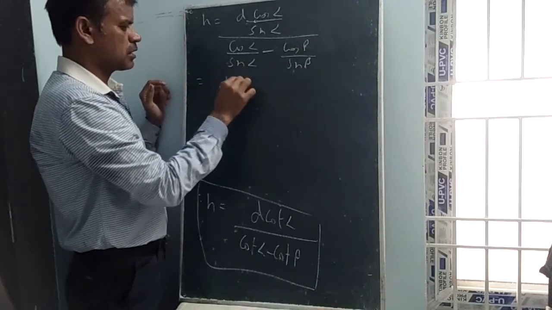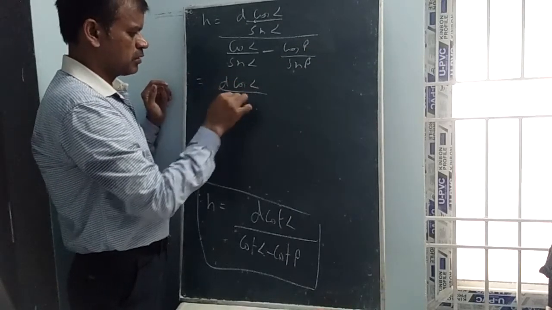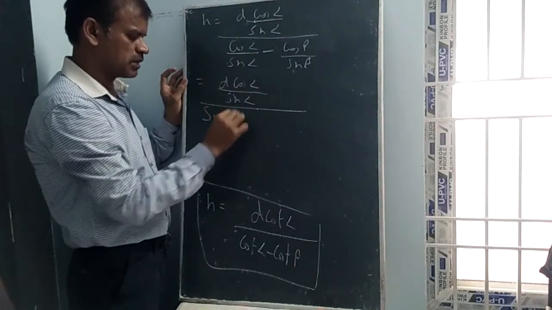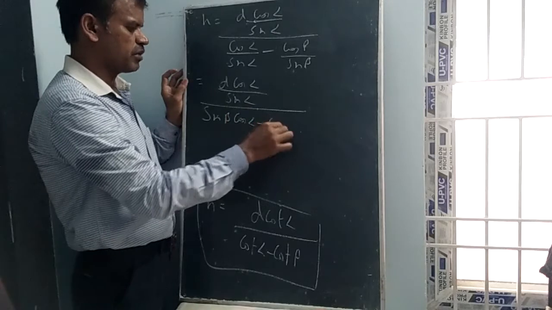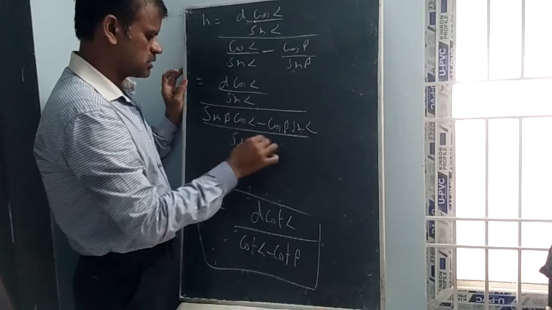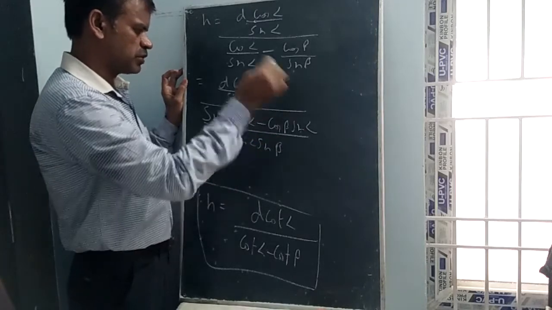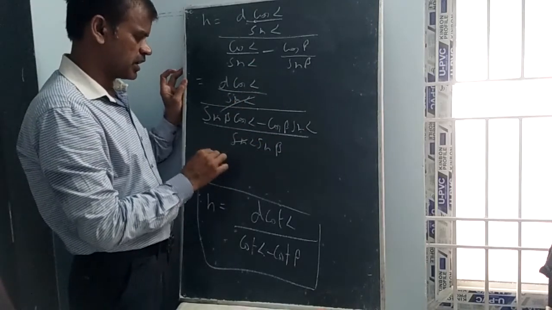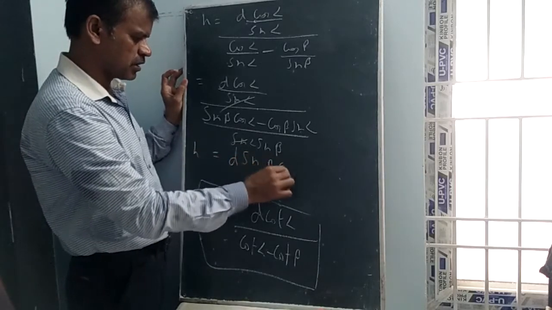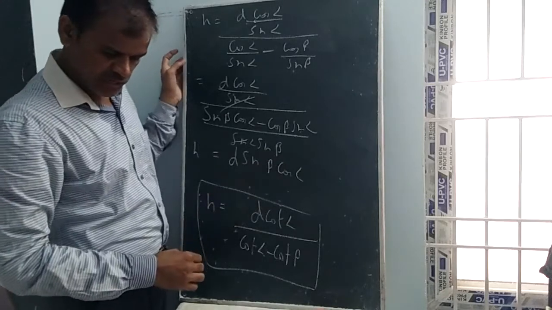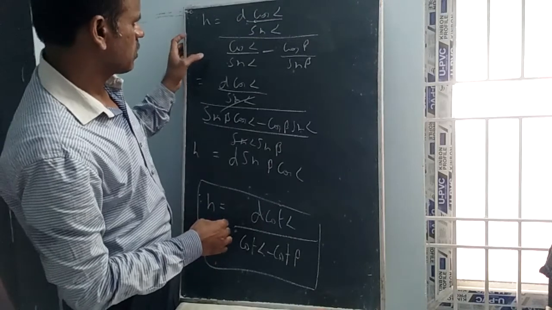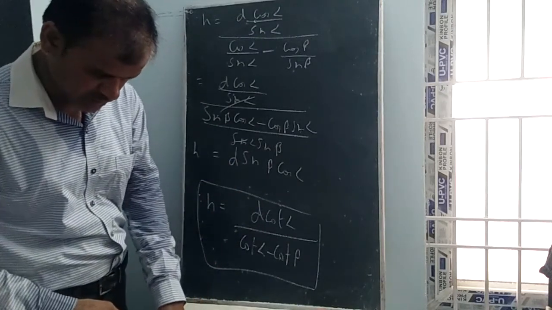So d cos alpha by sine alpha whole by, take LCM here, sine beta cos alpha minus cos beta sine alpha whole by sine alpha sine beta. This one taken that side, sine alpha will get cancelled. So h is equal to sine beta cos alpha by sine alpha cos alpha.